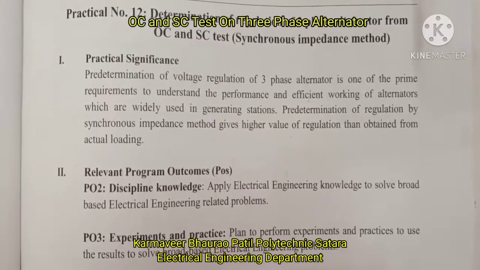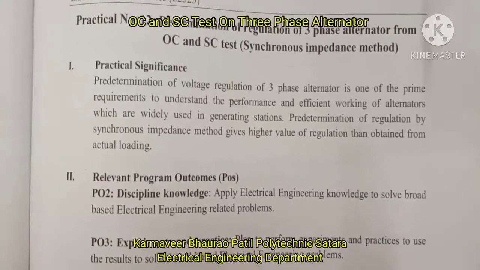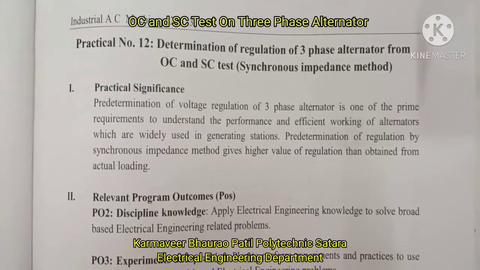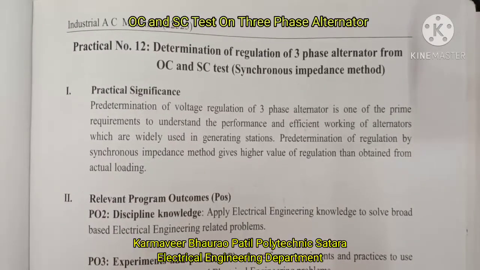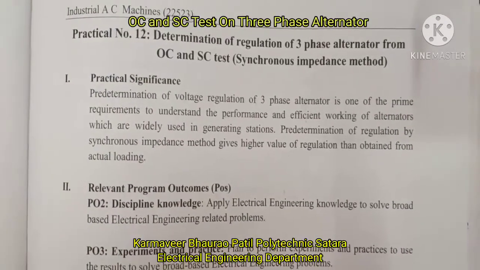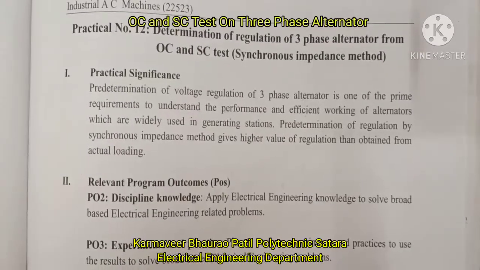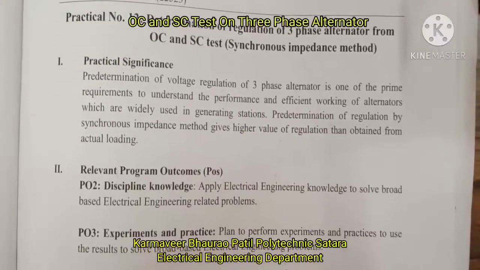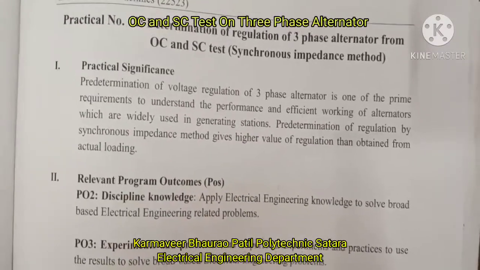Normally in the generating stations we are using the alternators and they are going to suffer a wide variation in the load change, and due to change in the load there is a variation in the output voltage. So how much is the variation, that is pictured by considering the voltage regulation of the machine.